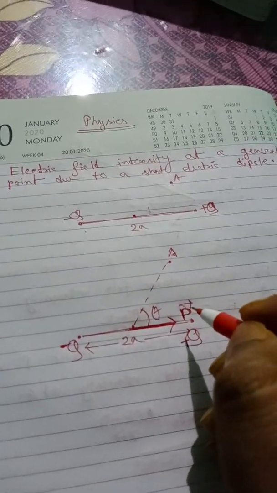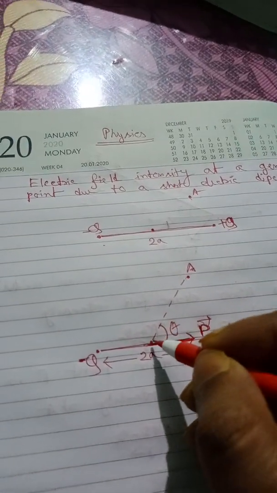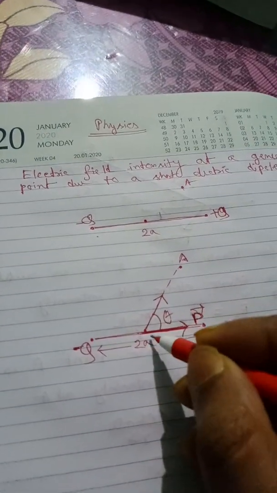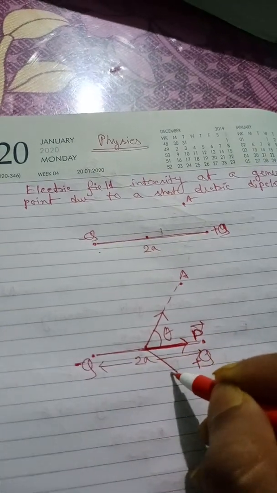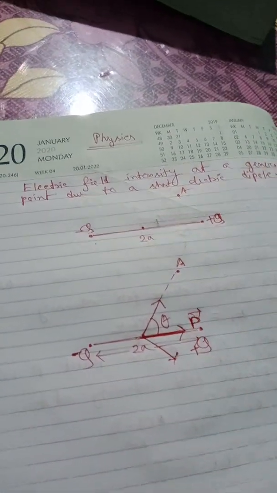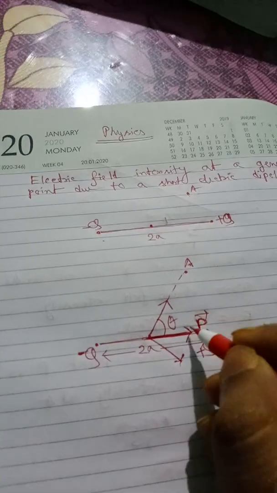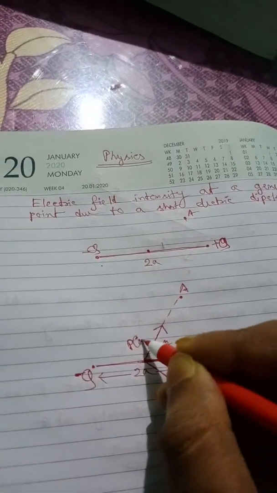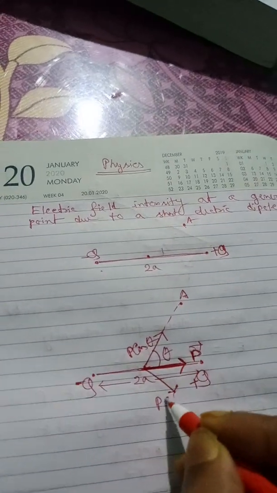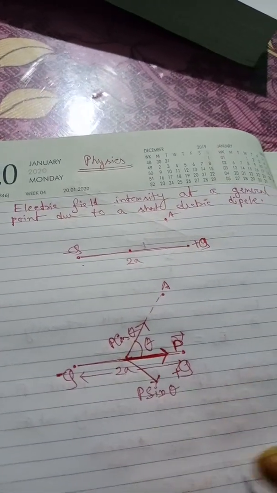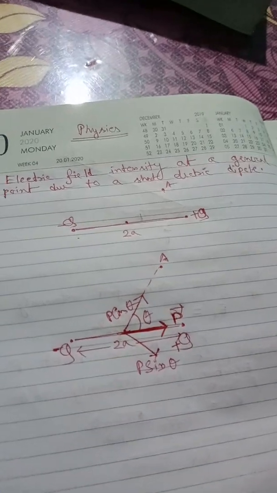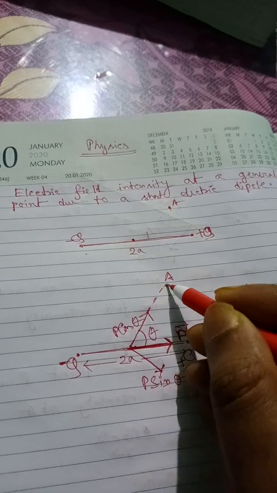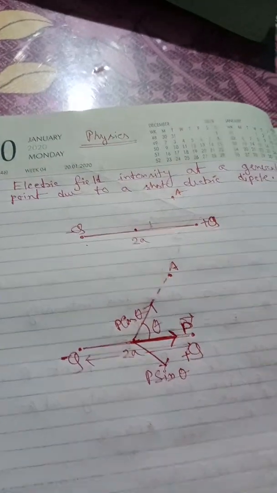Now if we split this into two components, one component will be along this direction and another component along this direction. So if this is the direction of P, this component will be P cos theta and this component will be P sin theta.